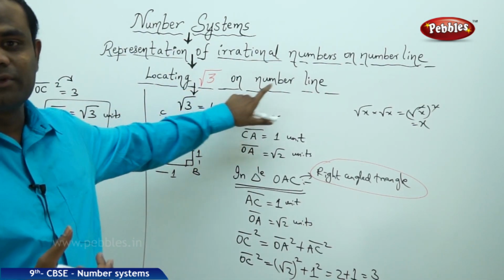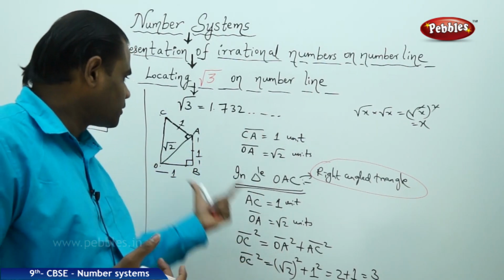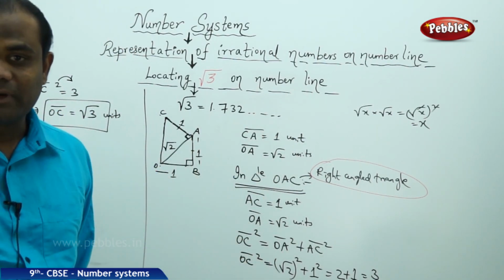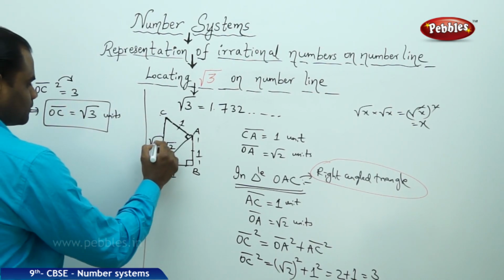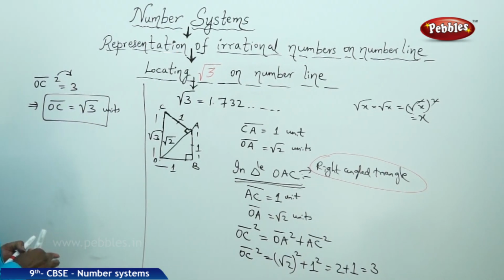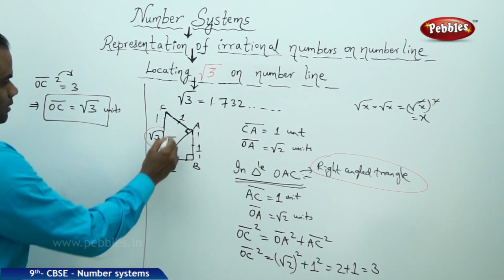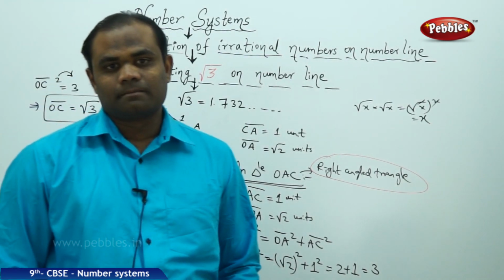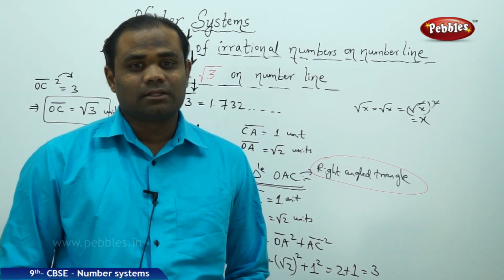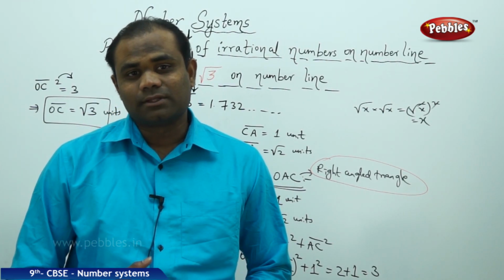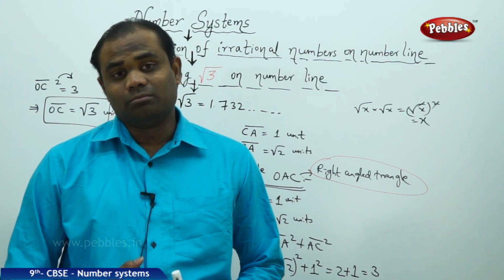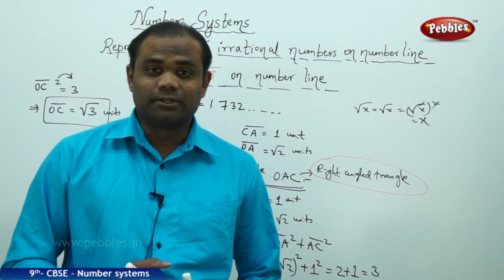Constructing or locating root 3 on the number line, we use this geometrical concept of the triangle, and finally we get the distance OC, which is root 3 units. And this is how we understand the geometrical construction of root 3 on the number line using the right angle triangle and, most importantly, the Pythagoras theorem.